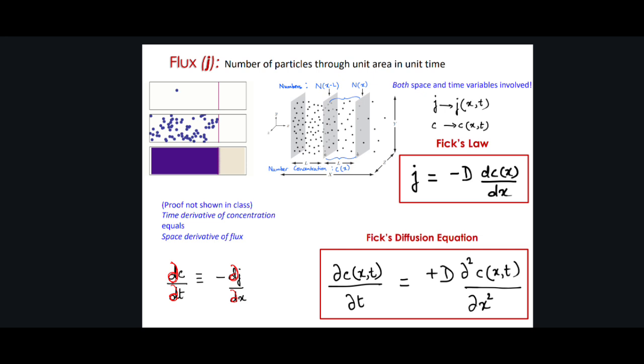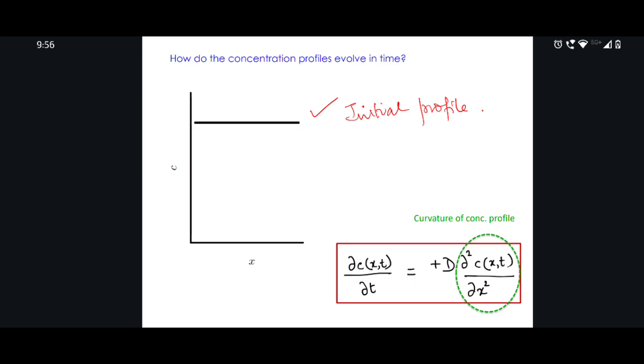Now let us look at it from that perspective. So this is the curvature of the concentration profile. So let's say, I have an initial concentration. So this is the initial concentration profile. Let's say this is the initial.